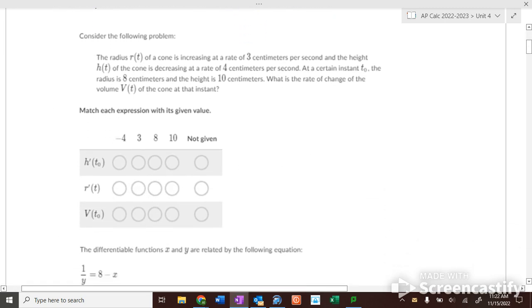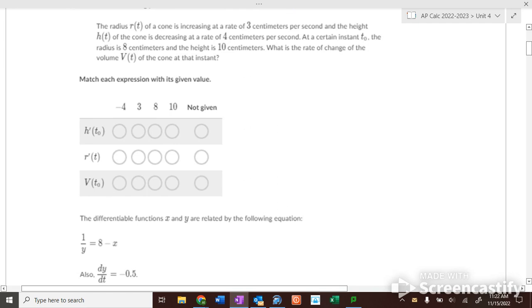Okay, the radius of a cone is increasing at 3, and the height is decreasing at 4. At a certain instant, the radius is 8 and the height is 10. What's the change in volume? So the first derivative of the height, is that a changing height or a constant height? That's changing.